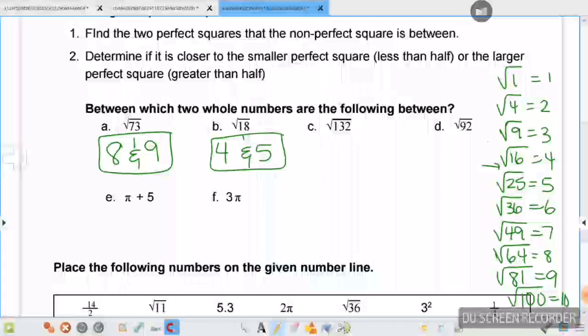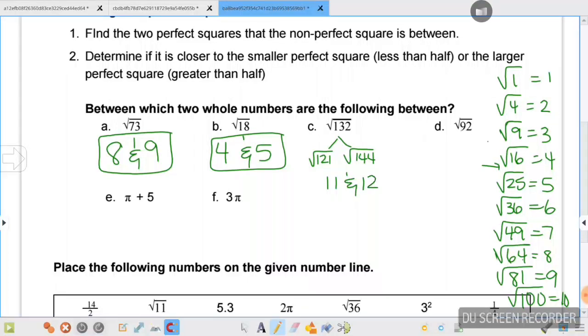Square root of 132 is between 121 and 144, whose square roots are 11 and 12. Square root of 92 is between 81 and 100, which would be between 9 and 10.